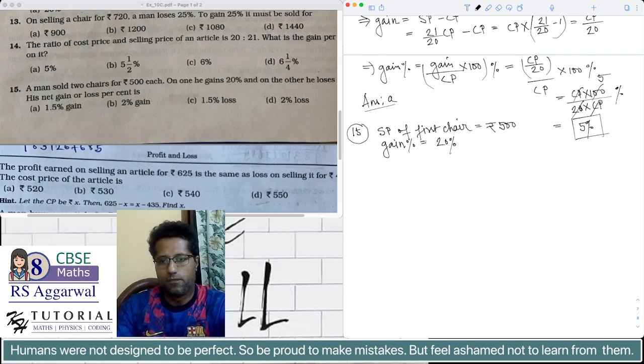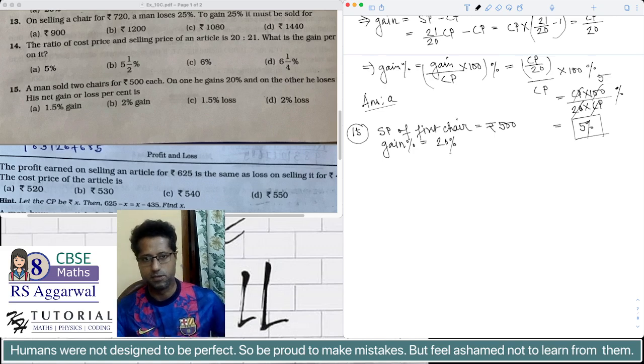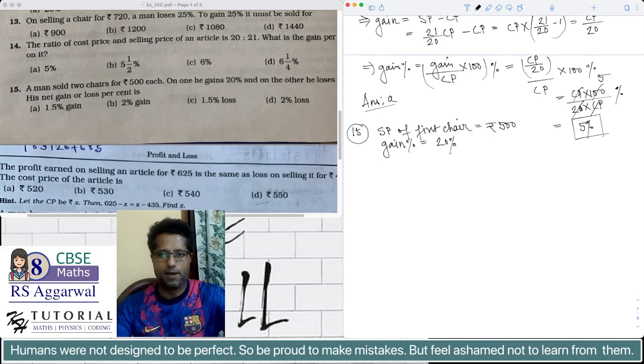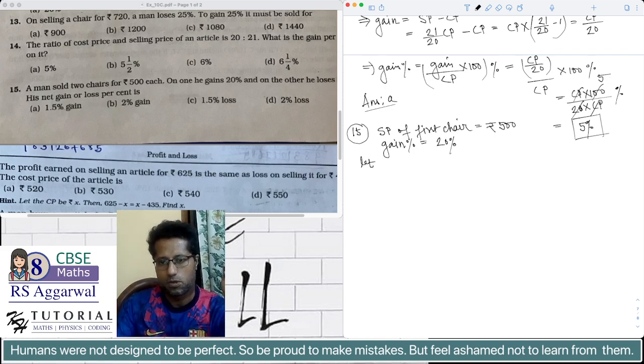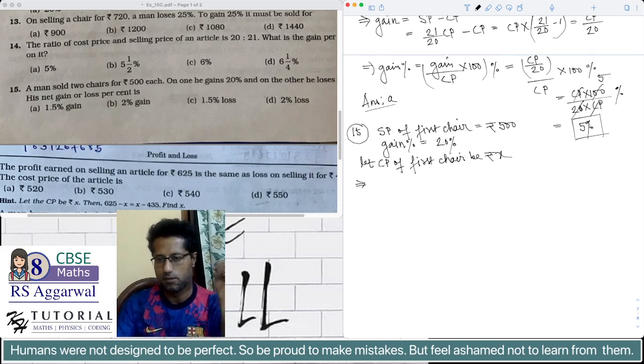So from here we can find the cost price of the first chair, that is the chair on which the man gained 20%. So let the cost price of the first chair be rupees X.